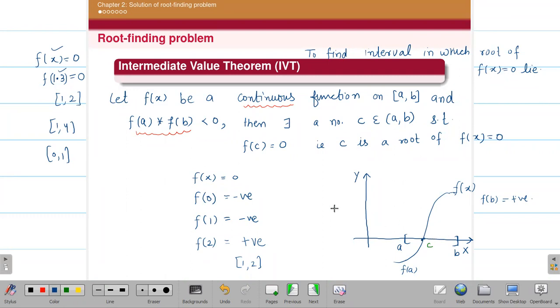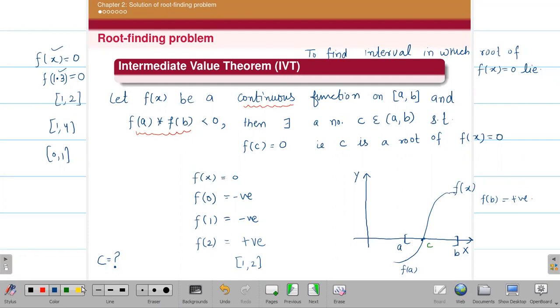So now you will get an interval at least. After finding the interval, you have to find the root here, because we don't know the root. We came to know only the interval, that our root will lie between 1 and 2, but what is the exact value, means what will be a good approximation of that root.